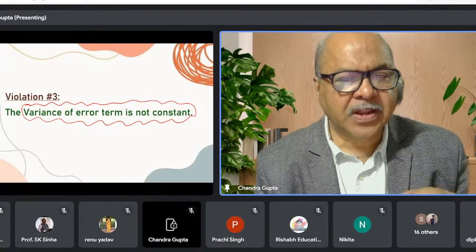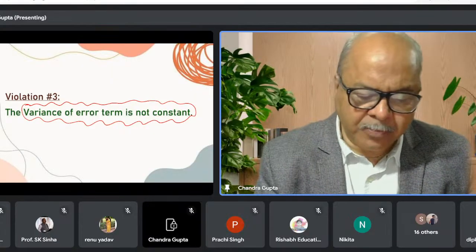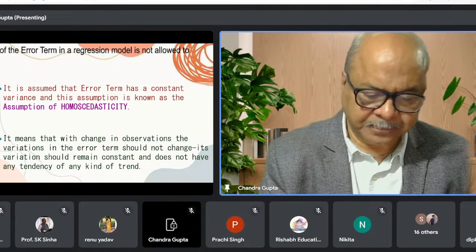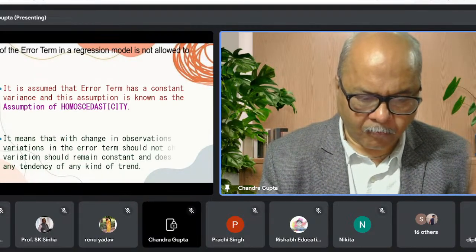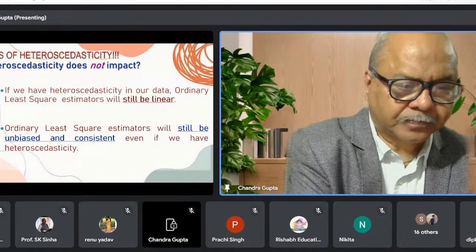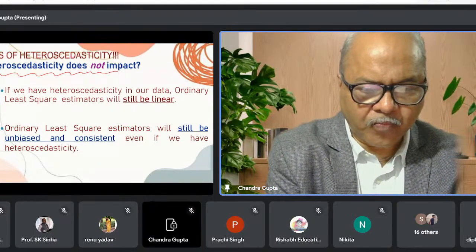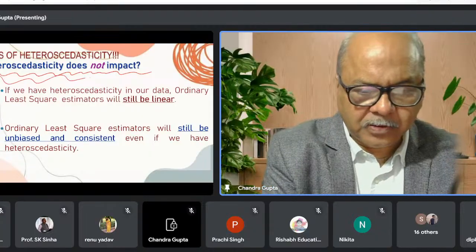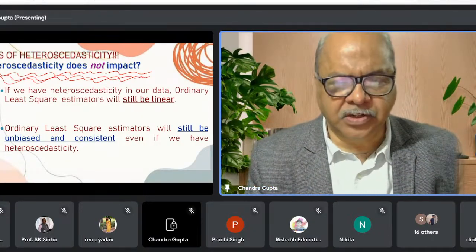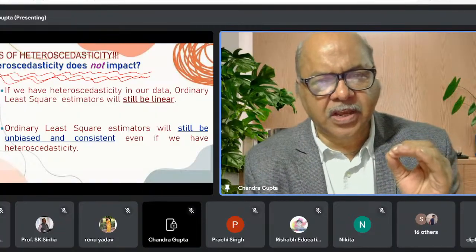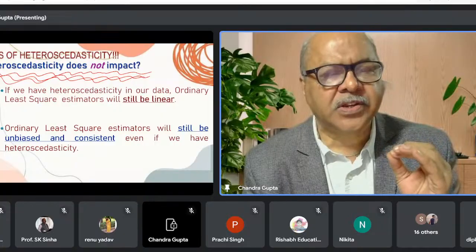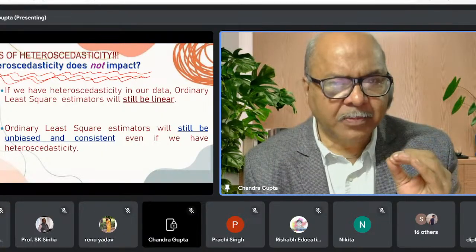That means my variance is not constant and our model is suffering from what is called heteroscedasticity. Heteroscedasticity is a situation where our assumption of constant variance of the error term does not hold.